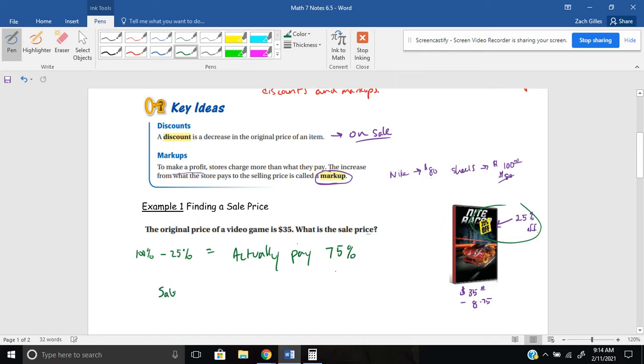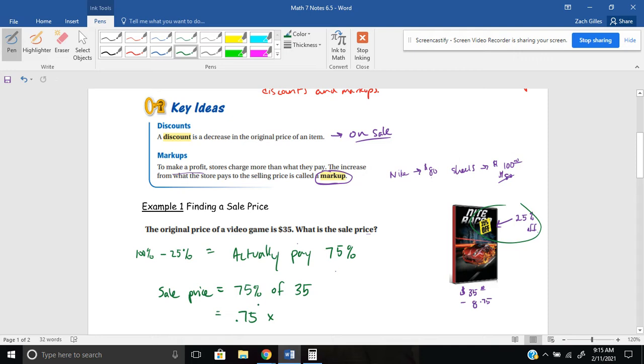Okay, so think about it this way. The sale price is 75% of the original, which is $35. So let's take 75%, which is the same thing as 0.75 of, and "of" in math means multiply.